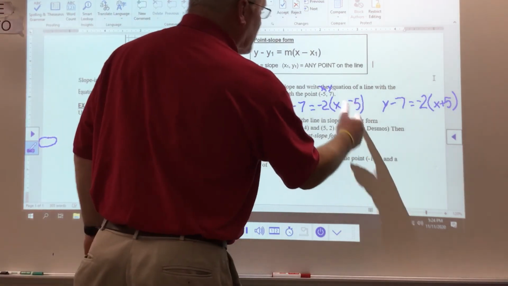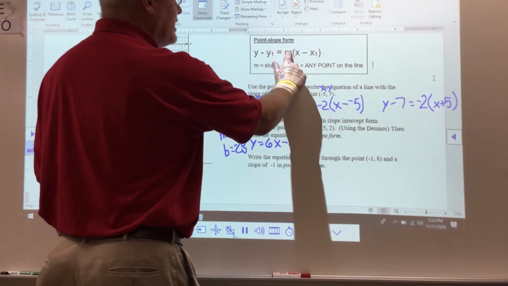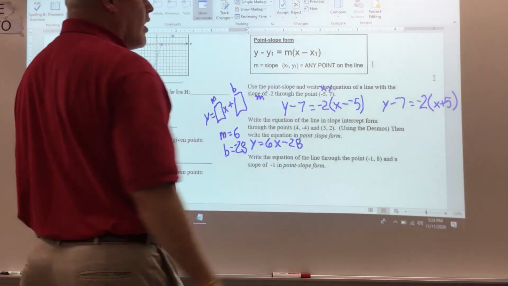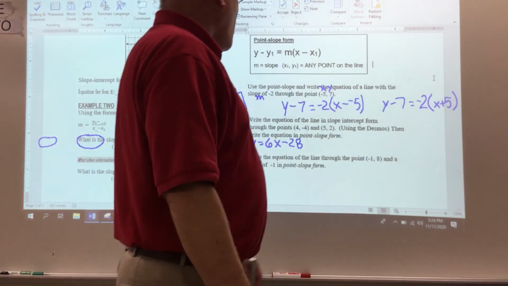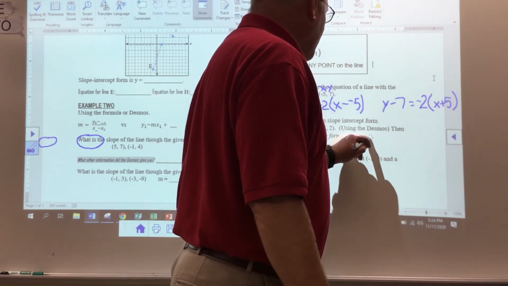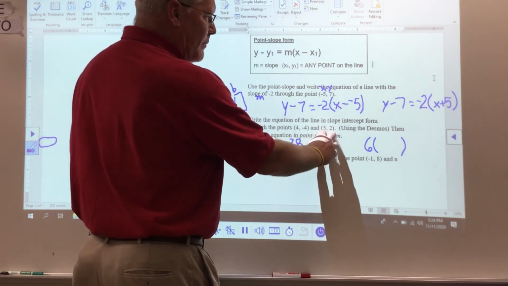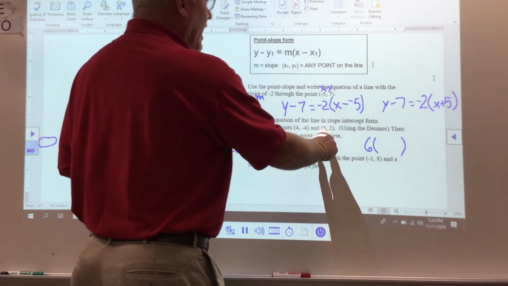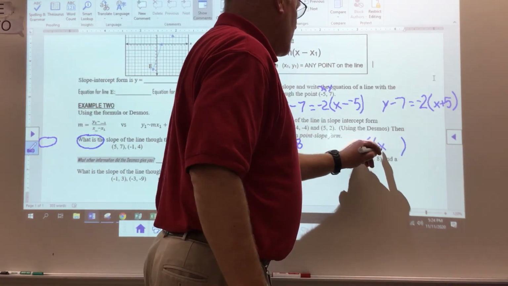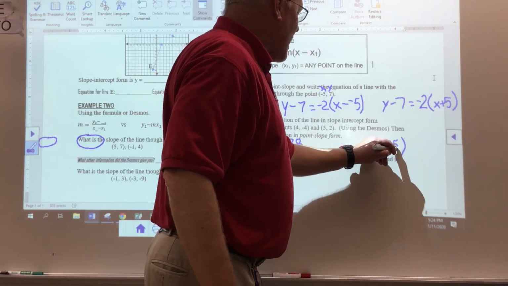Well, now it wants us to write it in point-slope form. So what do we have to do? Well, we need a slope and a point that's on the line, any point on the line. So the slope was what? The slope was 6, so we can put that outside the parentheses. Let's pick a point on the line. Let me grab the two positive ones. My x value right there is a 5, so I'm going to put minus 5 there.